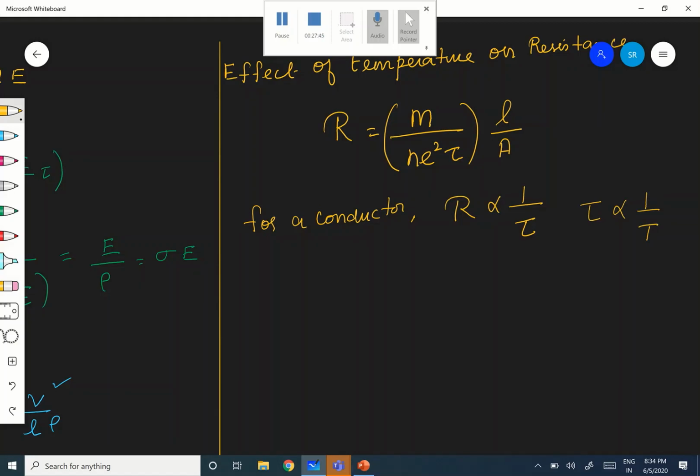More the temperature, more will be the collisions, therefore less will be the time interval between collisions. Therefore, R is proportional to T for conductors, correct? For conductors. Okay, therefore, now you see.